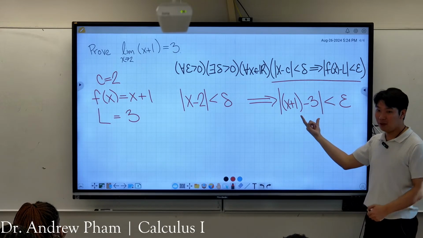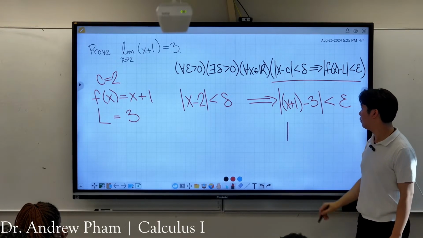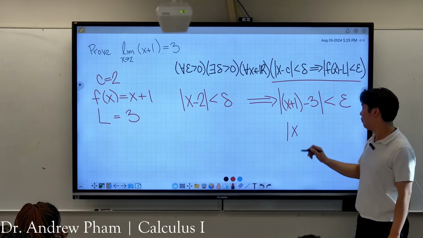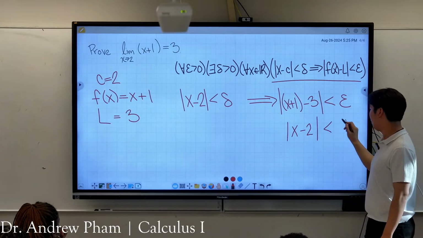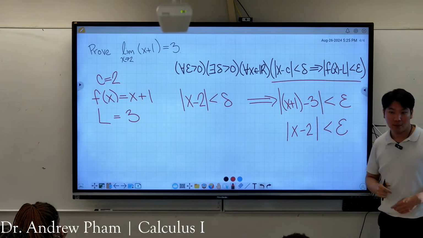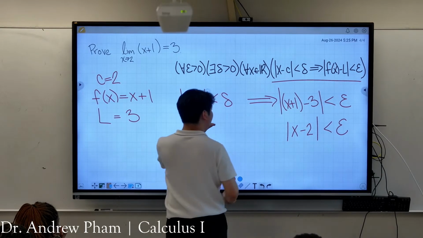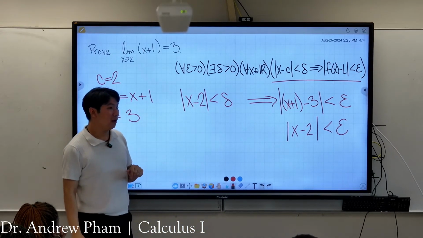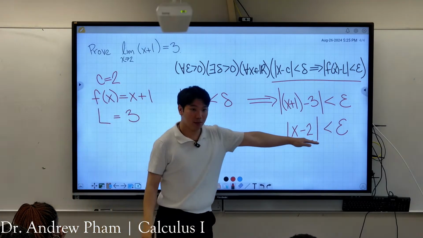So if I'm working backwards, let's look at this. Can I clean this up a little bit? We have this because 1 minus 3, we got minus 2, right? So I still have this. What should delta be to make this true? To make this look like this?